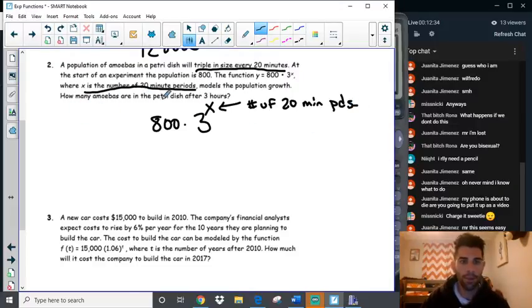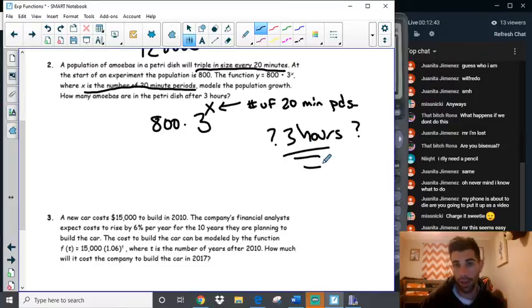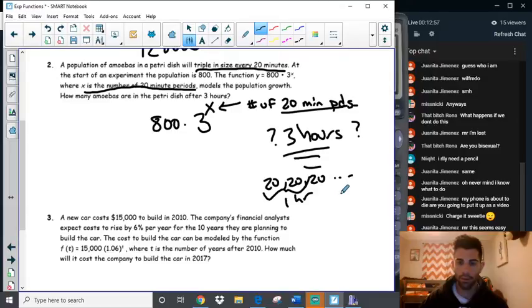How many amoebas are in the petri dish after 3 hours? So it started with 800 and it's going to grow. And in 3 hours when I come back, how much is going to be in there? Well, when does it grow? It grows every 20 minutes. So it's 20 minutes, 20 minutes, 20 minutes, and you want to continue until you get to 3 hours. So this is 1 hour, then 2 hours, and then 3 hours.